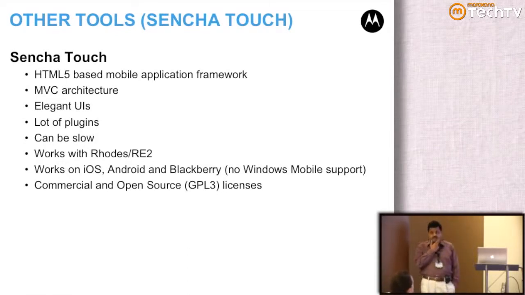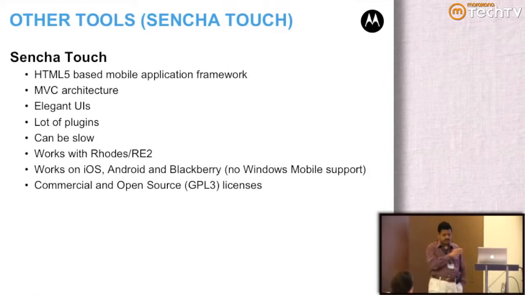Sencha Touch, this is commercial software. This is also based on HTML5. Its selling point is that it uses an MVC architecture just for the JavaScript aspect of your application.